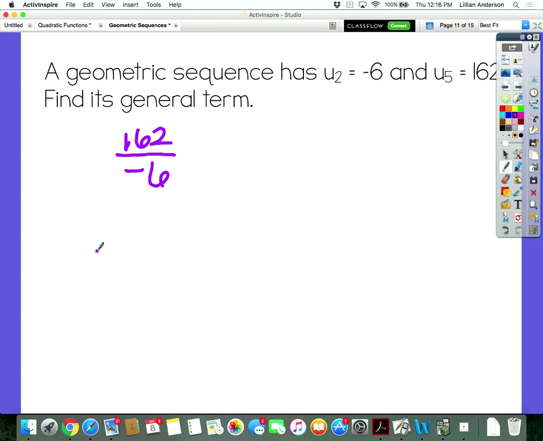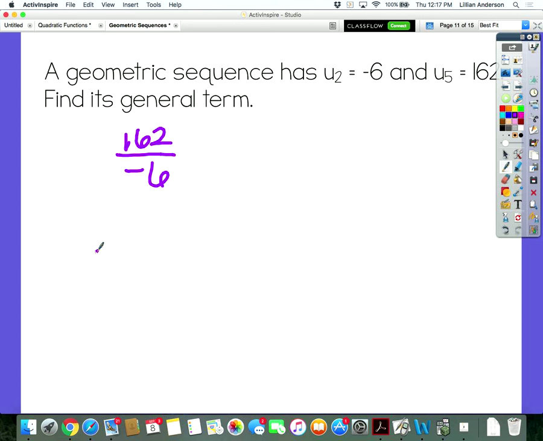And what we're going to do is subtract where your terms are located.